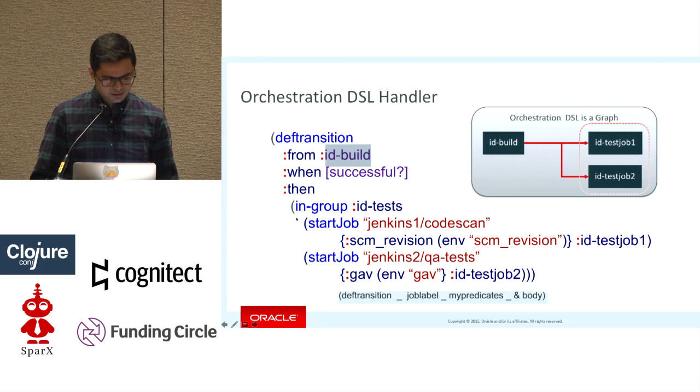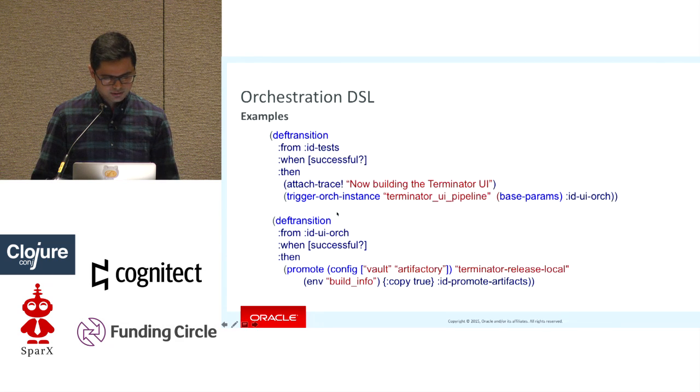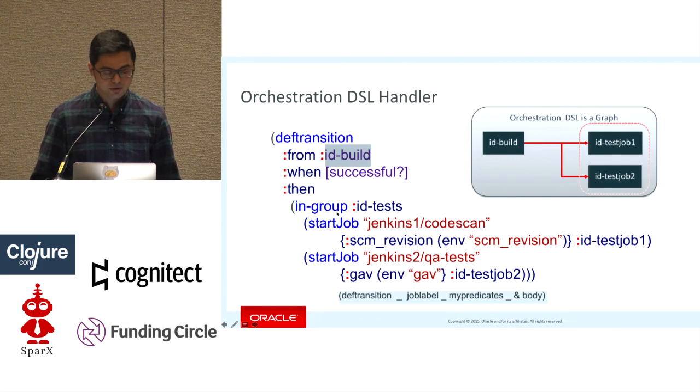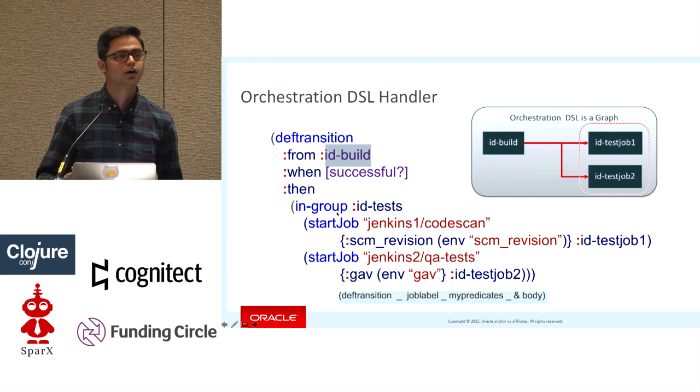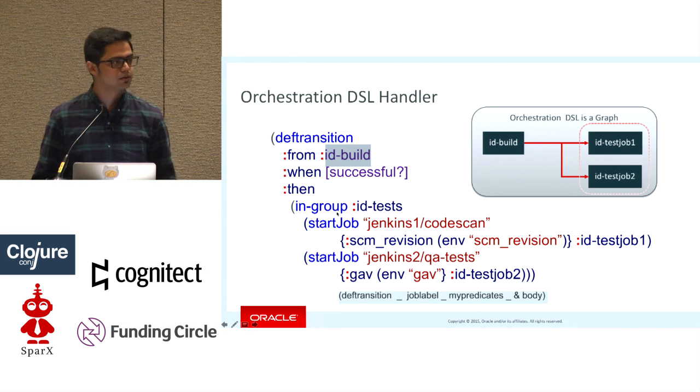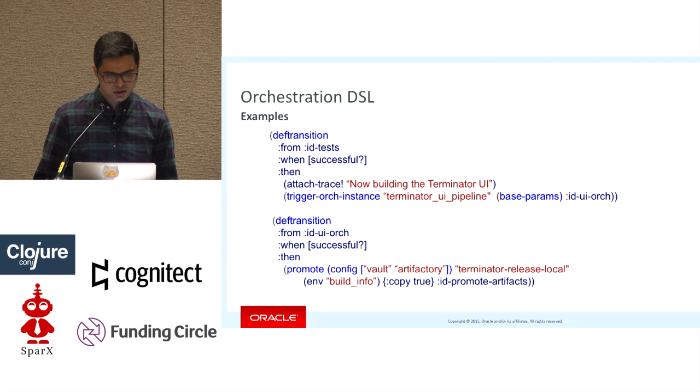If you look here, there's also this thing called in-group, which you can use to add labels over groups of jobs, which helps in terms of dynamically starting jobs. So if you're not sure of the number of jobs you'll start for a specific instance, but you want to respond to the whole set of the jobs, that's what you'd use.